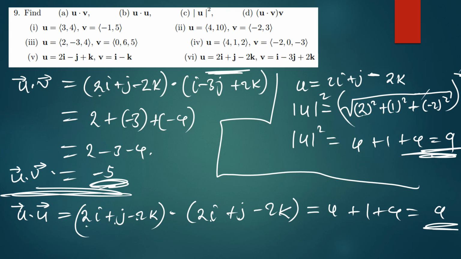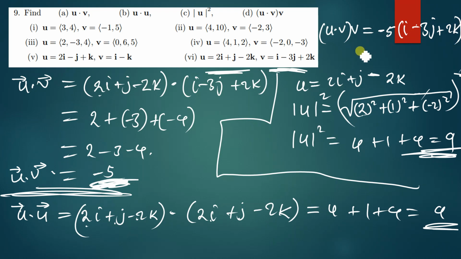Okay, so we move on to the last part. So u dot v, we found it to be negative 5. So we're just multiplying it to v. So where is v? v is there. This is just the same as multiplying negative 5 to v, which is i minus 3j plus 2k.